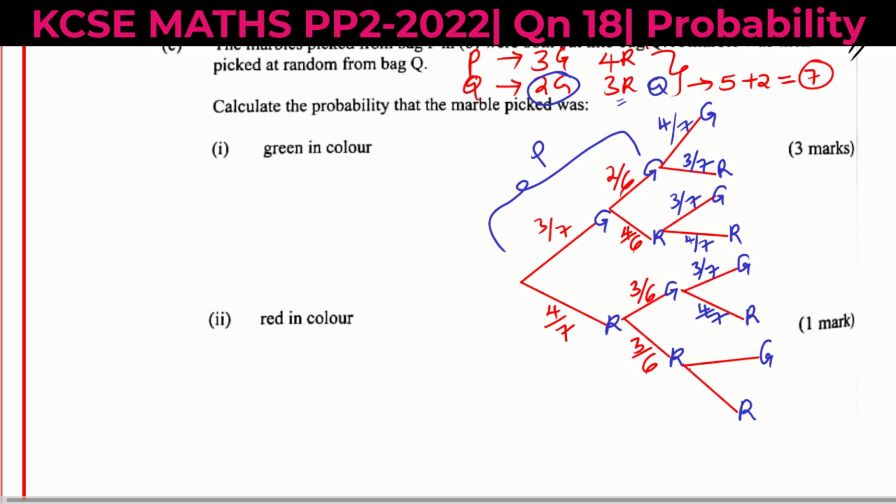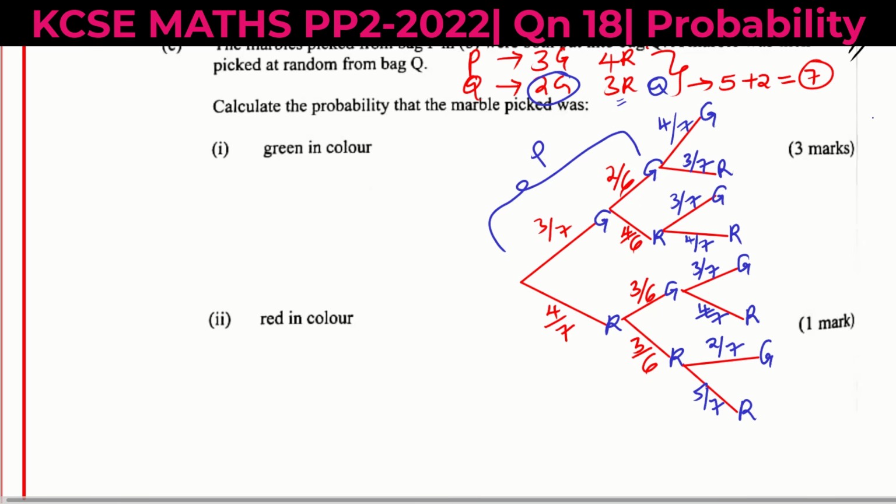So red and red, we don't have any green, so the greens in Q will remain 2, so 2/7. But now when you pick red and red from P and put it into Q, here we have 3 reds. So those are 3 reds in Q plus the 2 reds from P. That will be 5/7. So that is how you're supposed to fill it.